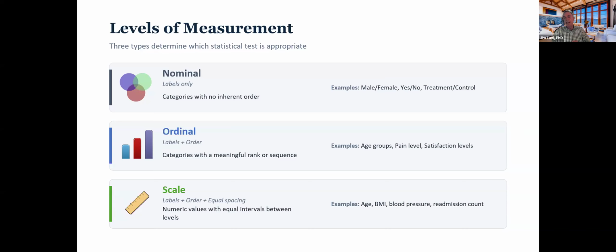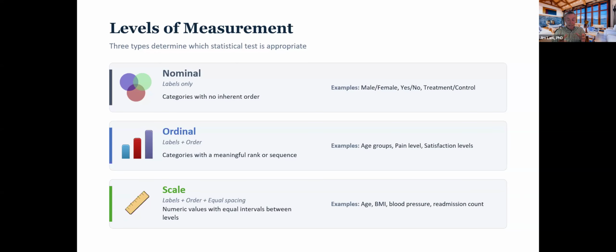Scale: when I say scale, I mean continuous level variables, ratio level variables, interval level variables. I'm bucketing those terms, using them synonymously because it doesn't make a difference when it comes to the data analysis plan, but I'm bucketing those as scale. And scale level variables have the above 2 characteristics.